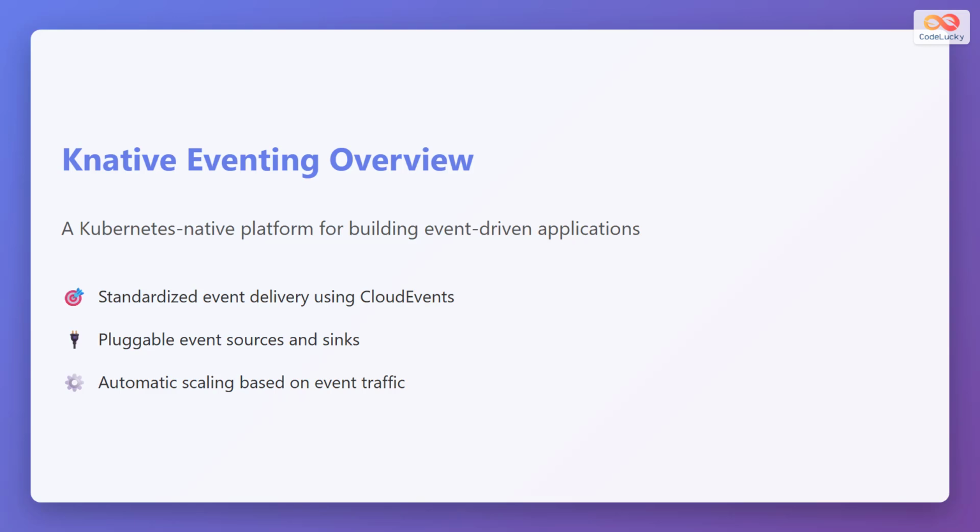Second, Native offers pluggable event sources and sinks, meaning you can easily connect to various event producers and consumers. Finally, it provides automatic scaling based on event traffic, so your services scale up when events increase and scale down when traffic decreases, optimizing resource usage.